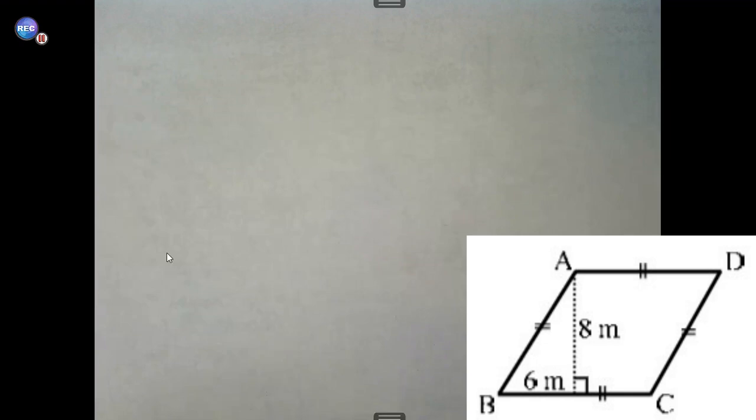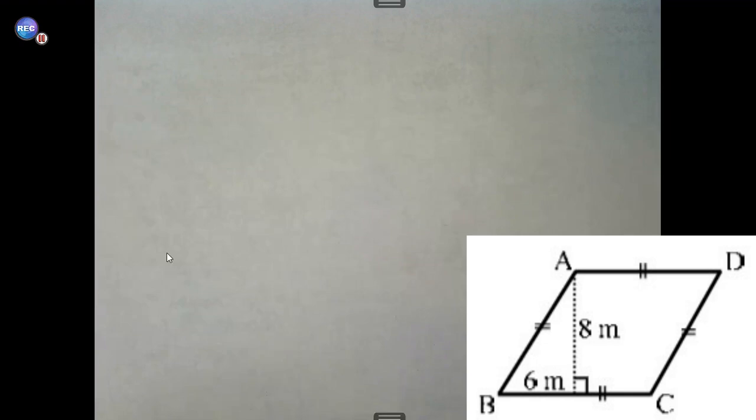So when we calculate AB, you know that when you calculate the hypotenuse, you need to add the base and the height together, each squared. So it's going to be 6 squared plus 8 squared, and when we calculate everything, you'll see that 6 times 6 is 36, and 8 times 8 is 64.